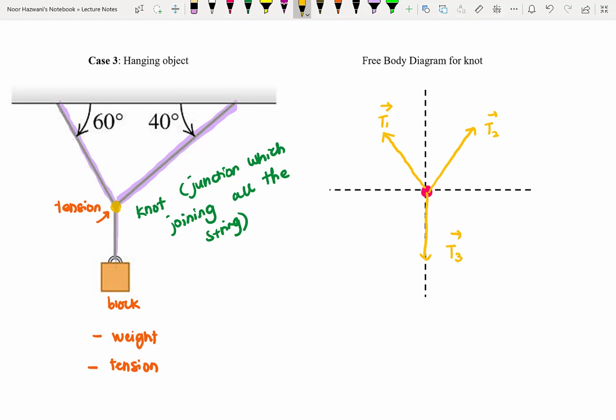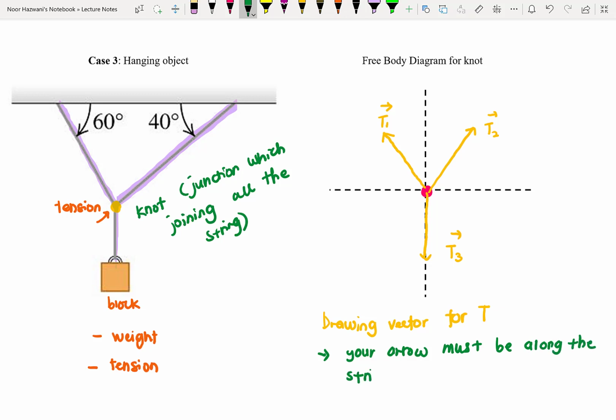Okay, actually to draw vector for tension, many students have a problem. The key things to draw the tension are, first, your arrow must be along the string.